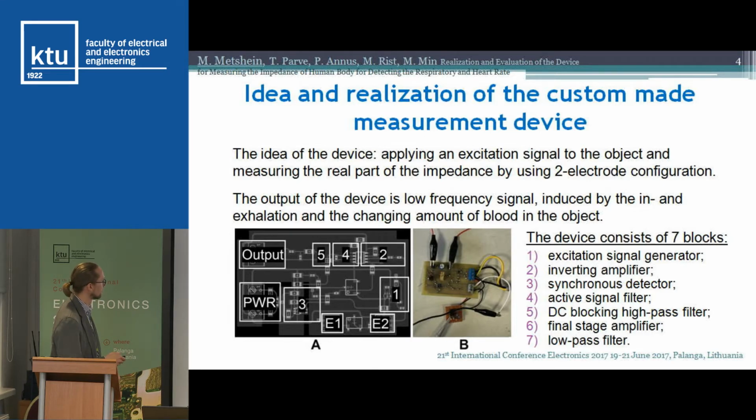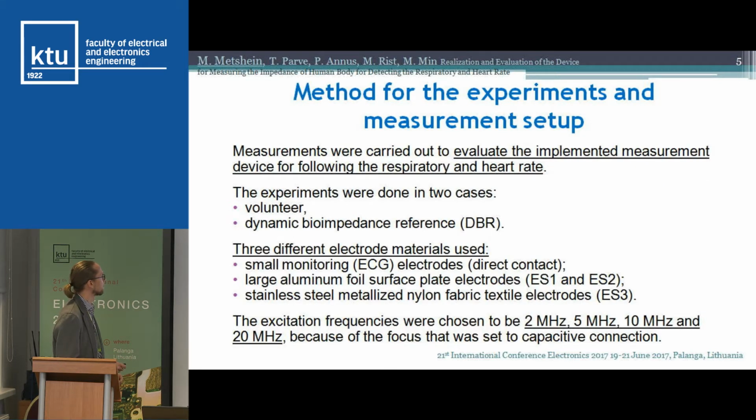Here is the picture of the device and the method and the setup. Measurements were carried out to evaluate the implemented measurement device for monitoring the vital signs, breathing and heart beating. We used a single volunteer and a dynamic bioimpedance reference device designed in our institute.